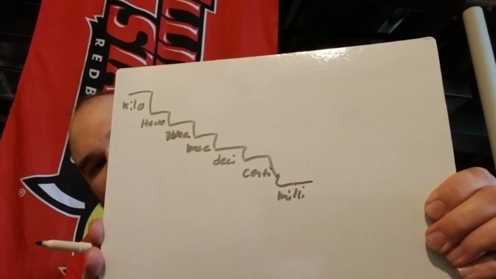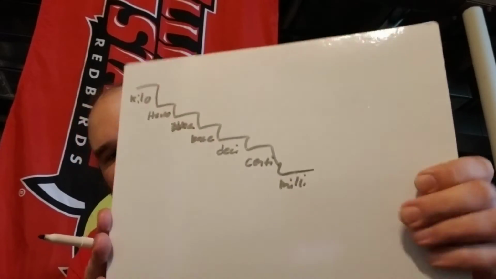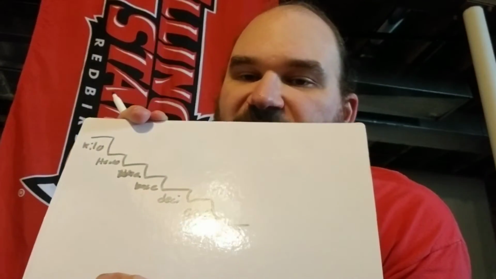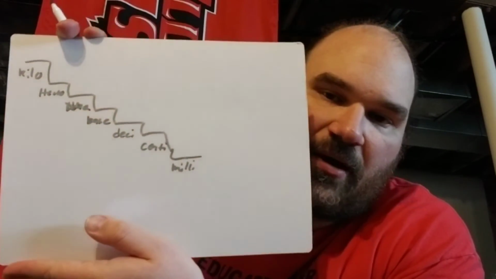This scale here looks the same as my staircase over there, except that it's just a straight up and down with no turn in the middle. And what we're going to use with that scale, every time we jump, we're jumping basically 10 points. So we're moving the 0 or moving the decimal point.